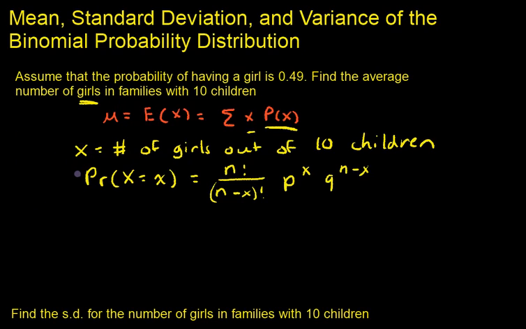For all the different values of x, so x could be 0 girls out of 10 children, 1 out of 10, 2, 3, I could calculate p.